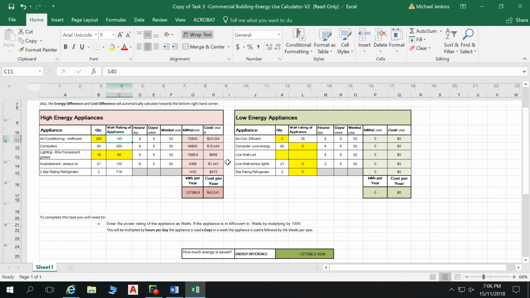Run for 8 hours a day, 5 days a week. So realistically, typically we're not going to be spending $25,000 a year to air condition 250 square meters of office space. So it has to be seen as that. But certainly with the costs of running commercial buildings, they are also very high.